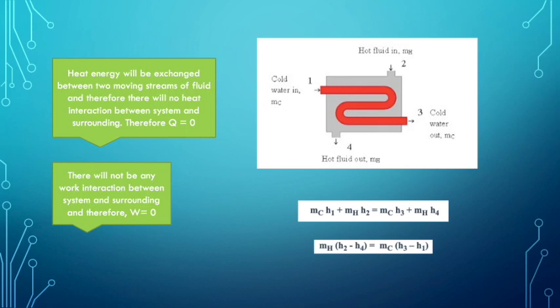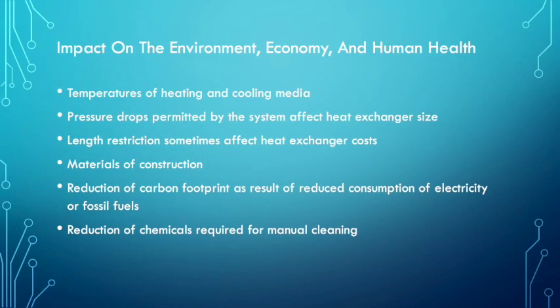Cool water is flowing through the tubes of the heat exchanger, and hot fluid is flowing over the surface of the tubes. So these are the mass flow rates of cool fluid and hot fluid respectively through the heat exchanger. Applying here the concept of the steady flow energy equation, we will have the following energy equation for a heat exchanger. So here is the equation. Next we move to the next slide.